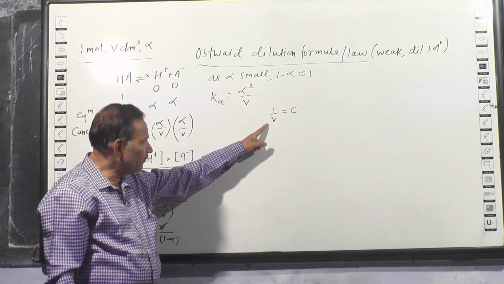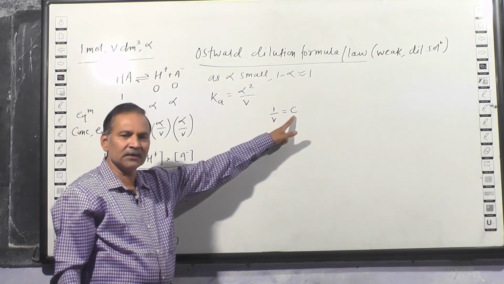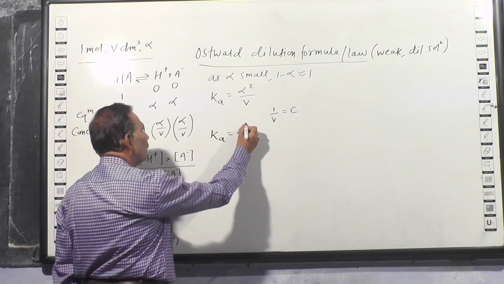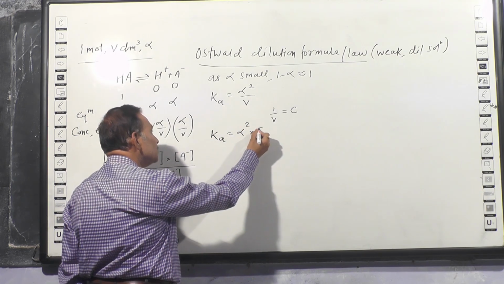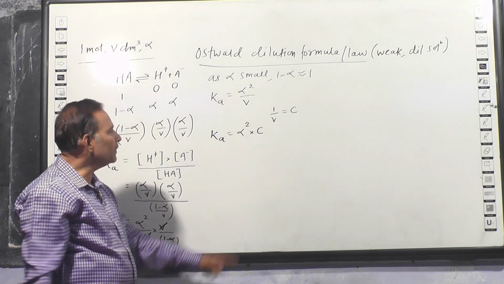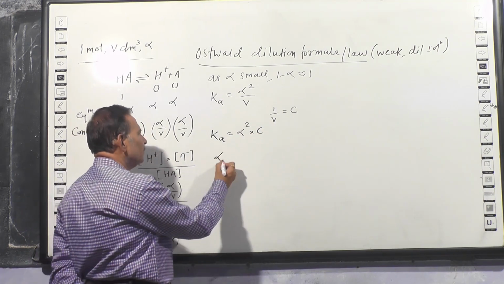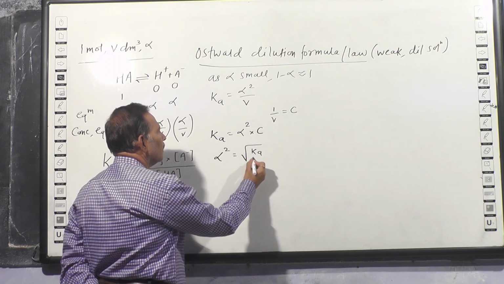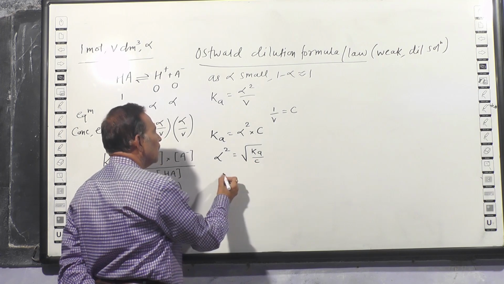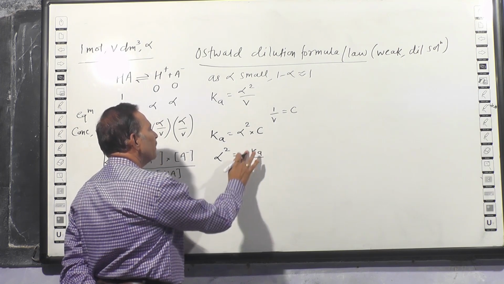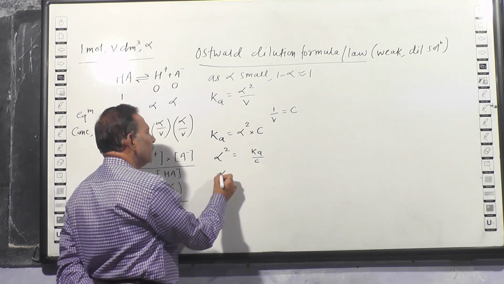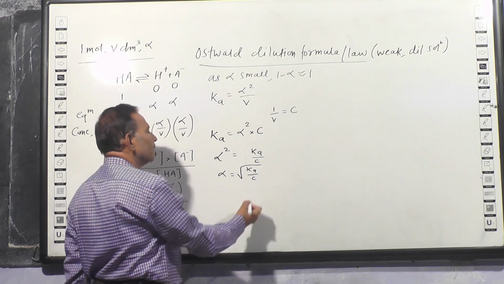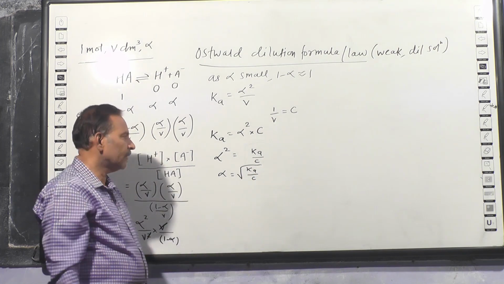So if 1 by V is to be substituted, we can substitute by concentration, and we get Ka is equal to alpha square multiplied by C. So alpha square is equal to Ka divided by C, and therefore alpha is equal to root Ka divided by C.